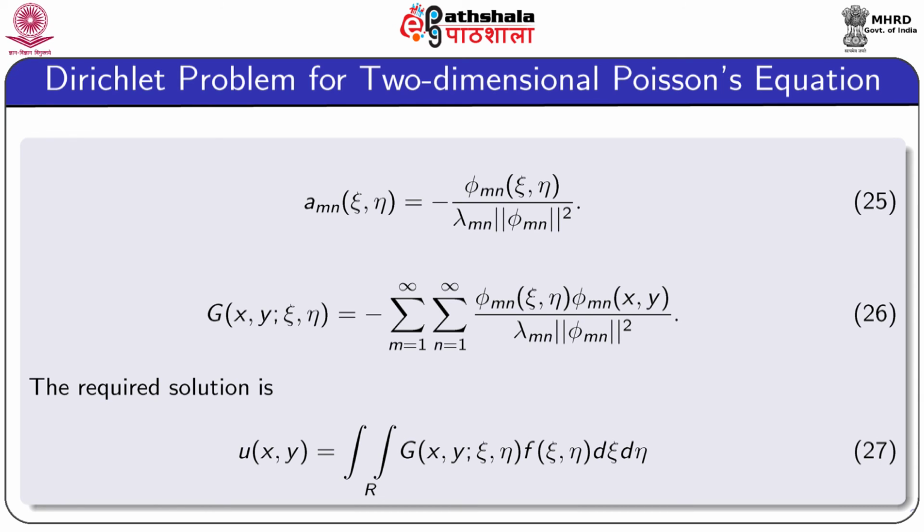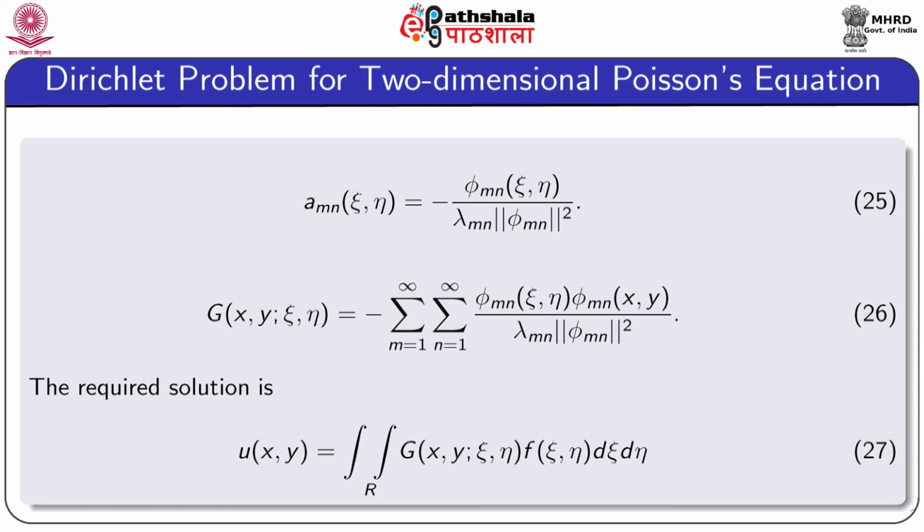And in chapter 8, we learned how to find the solution of a non-homogeneous equation in terms of Green's function. There we learned that u can be written as u equals double integration of G f d xi d eta. Here we use double integration because we are solving the two-dimensional Poisson equation.